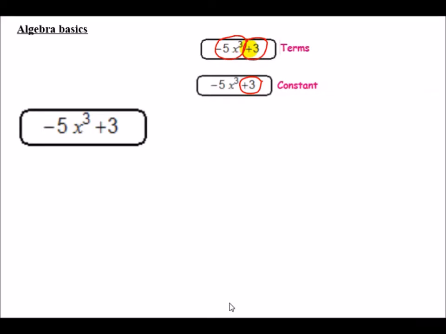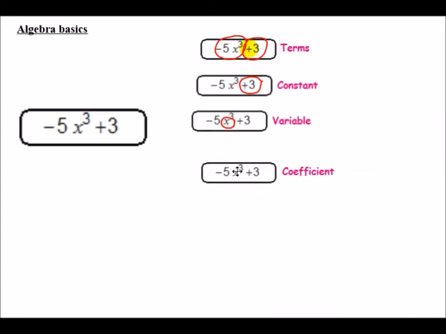In an algebraic expression, we have constants and variables. The variables are the letters in the expression. So the variable in this expression is x. It's a variable because it will change depending on the value assigned to it. The next thing we look at is the coefficient.